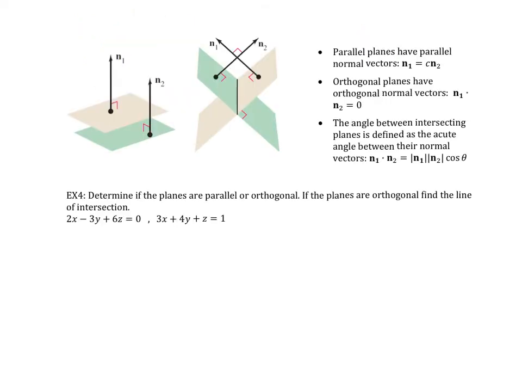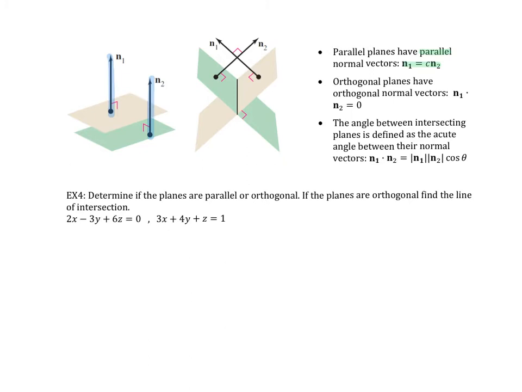So we have some really nice properties with planes. For one, if you have planes that are parallel, and that would be the first diagram, then their normal vectors are also parallel. That simply means that they're scalar multiples of each other.